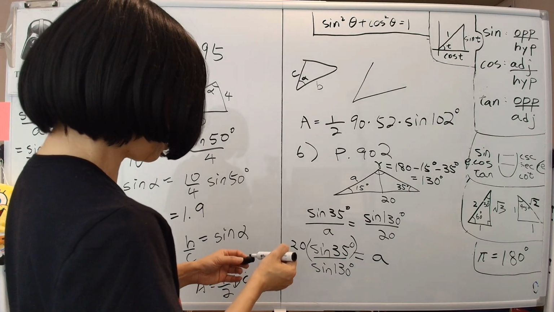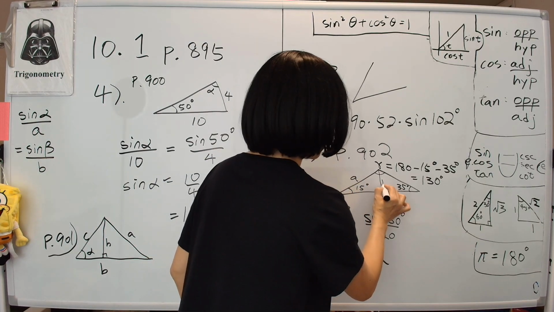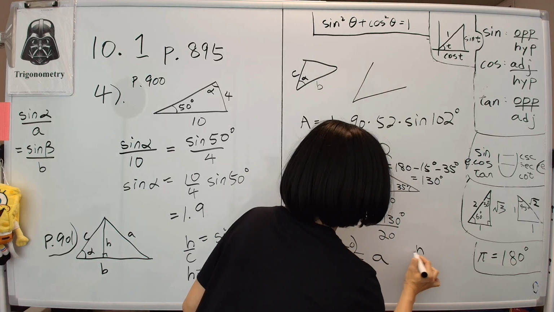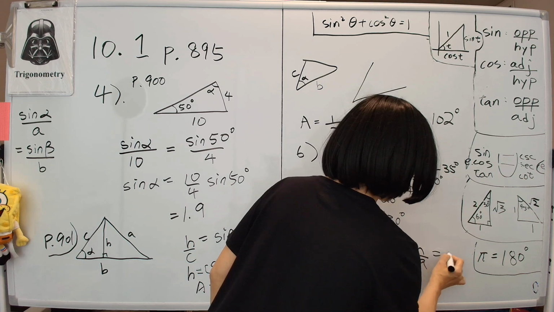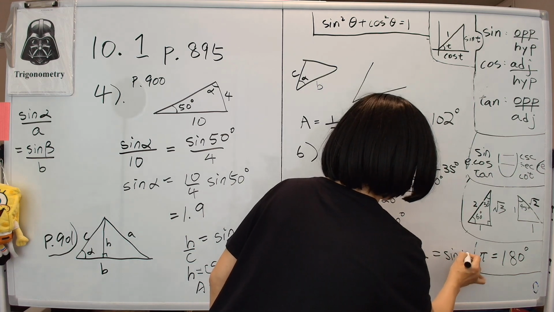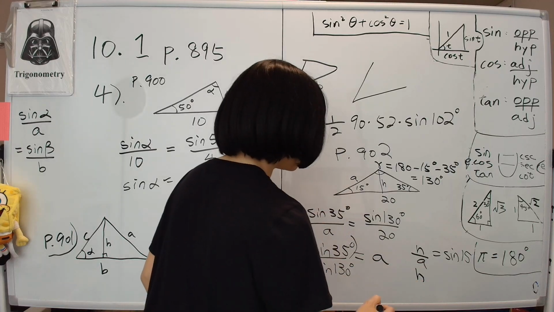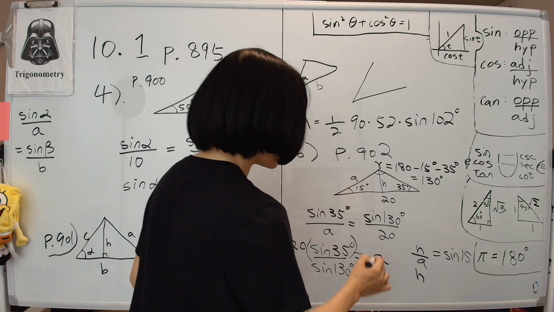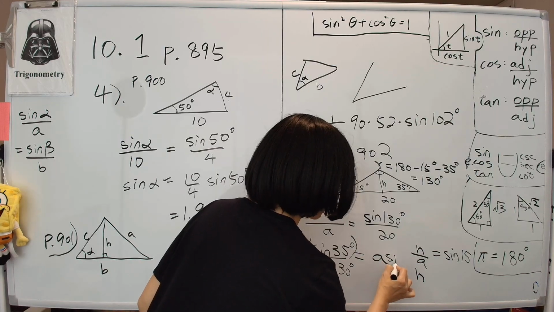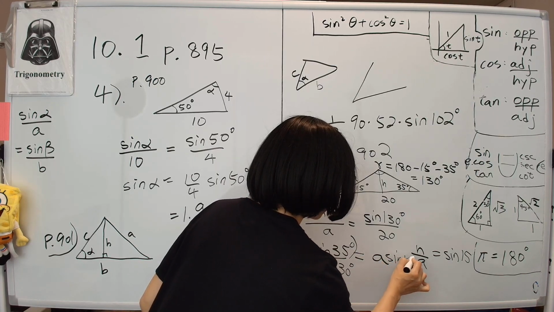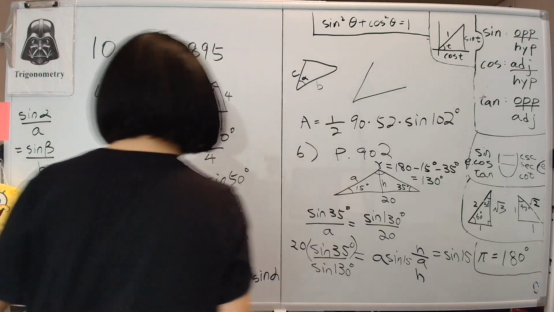But that's not all. And then this is H. And remember that H divided by A, opposite divided by hypotenuse, is equal to sine of 15 degrees. Which means H is going to be equal to A times sine 15. So if we take A times sine 15 degrees, that will be equal to H. Let me write that down a little better.